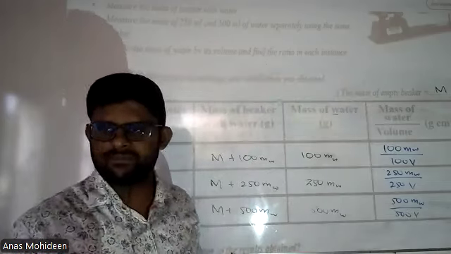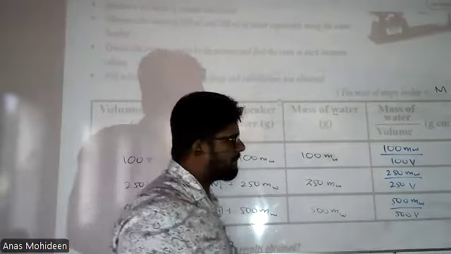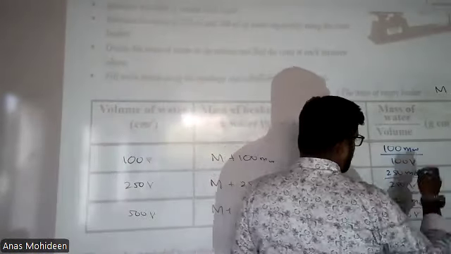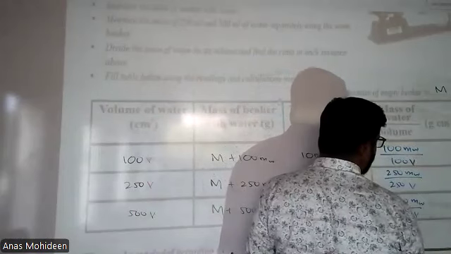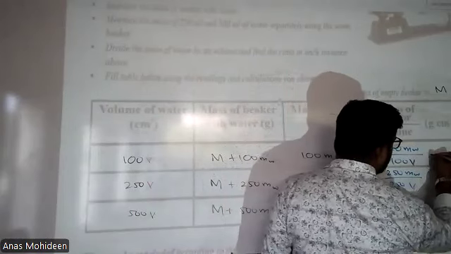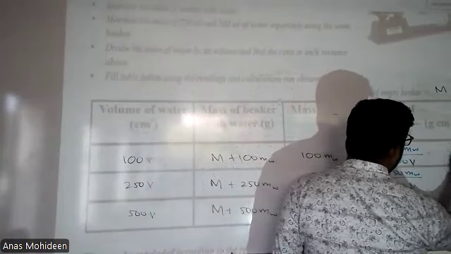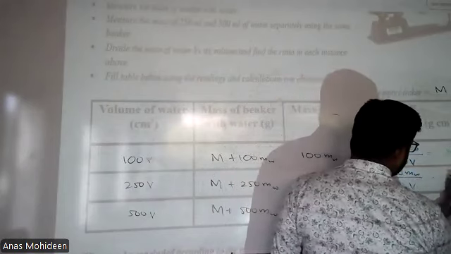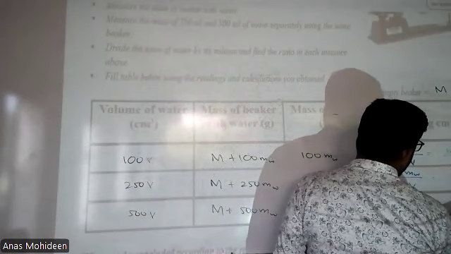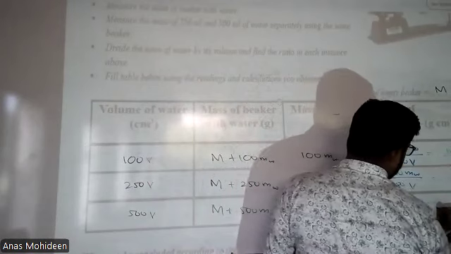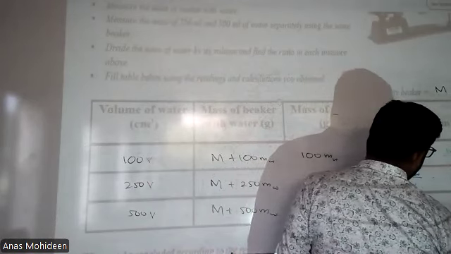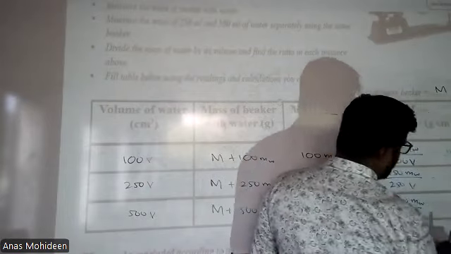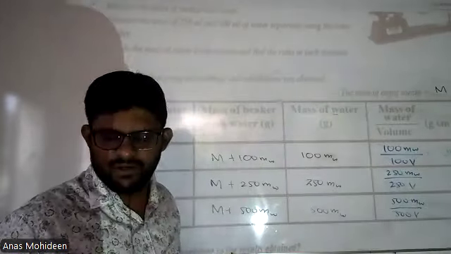Now what happens? You can see up and down are both the same, right? So what can I do? I can cancel them. What is the answer now? mW over V. For 250 to 250 I got mW over V, and for 500 to 500 I also got mW over V.